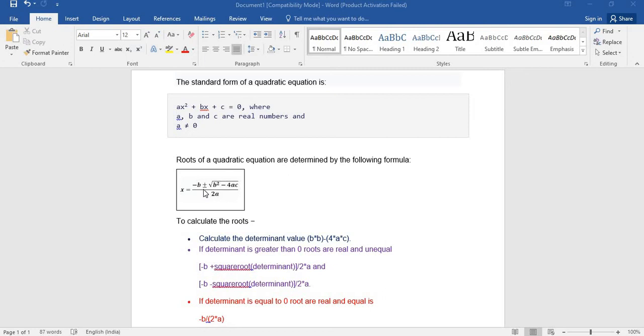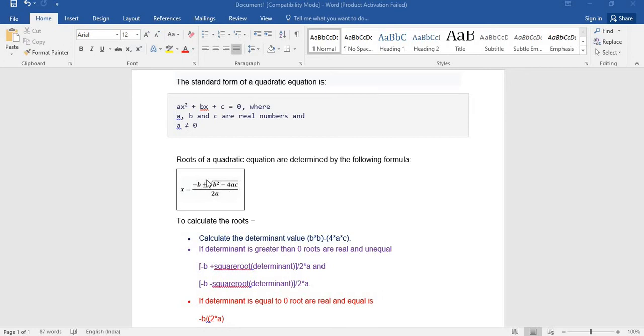So if it is greater than 0, we get real and unequal roots, two roots. The first root is minus b plus square root of this determinant divided by 2a, and minus b minus square root of determinant divided by 2a. So this is the first and this is the second.